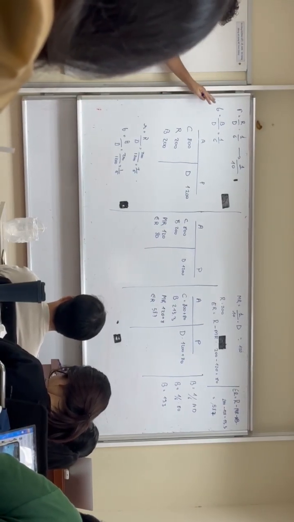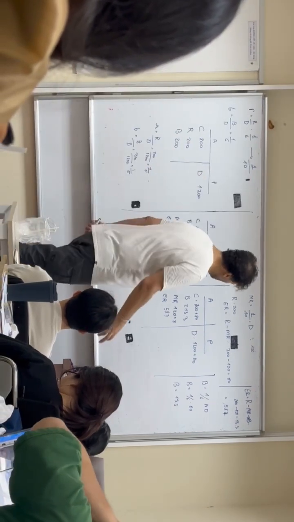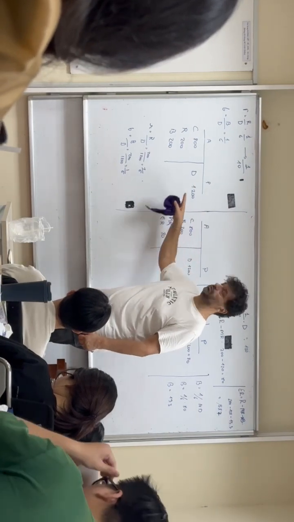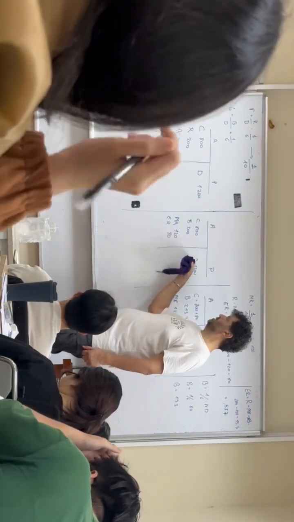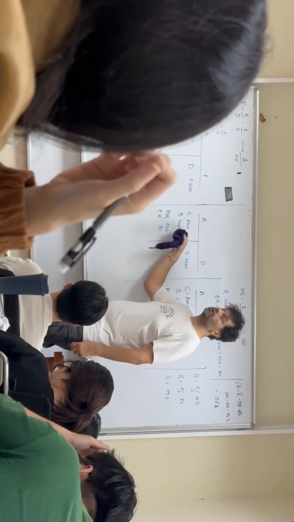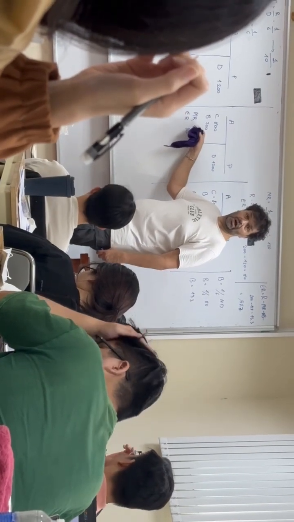Now, what does this mean? This means that I can once again write this down here. Deposit is always 1,200. Credit is always 800. Bills is always 200.